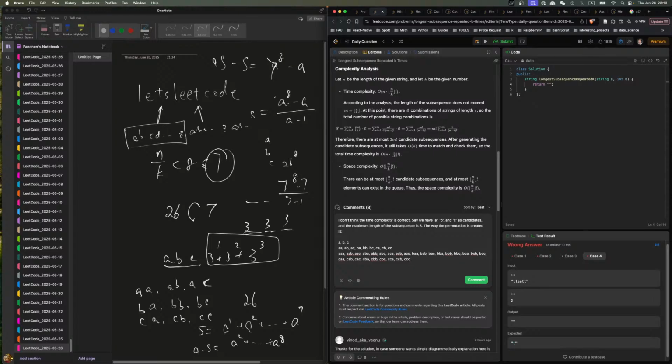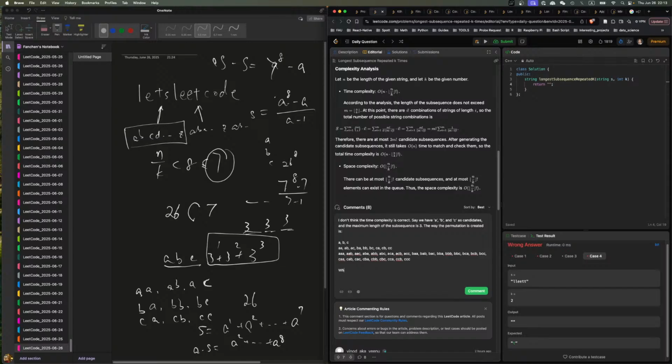Right? Which is equivalent to 3 to the power of 1 plus 3 to the power of 2 plus 3 to the power of 3.